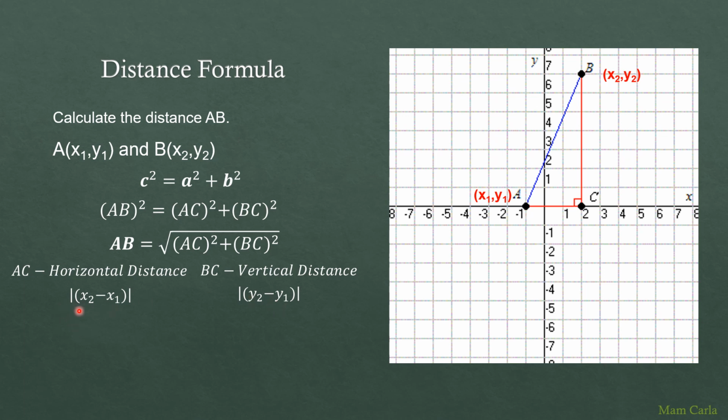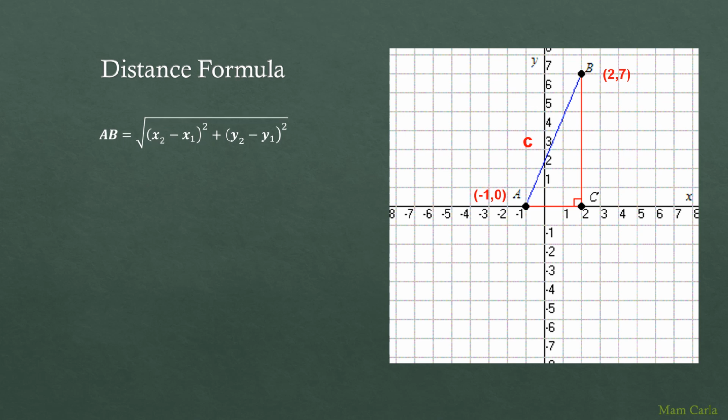Substituting these into the equation, we obtain AB equals the square root of x sub 2 minus x sub 1 squared, plus y sub 2 minus y sub 1 squared. So we have now our distance formula: AB equals the square root of the quantity x sub 2 minus x sub 1 squared plus the quantity y sub 2 minus y sub 1 squared.